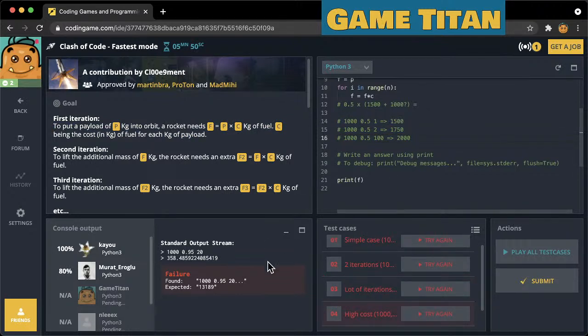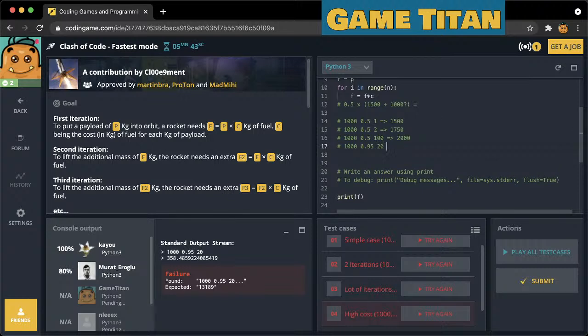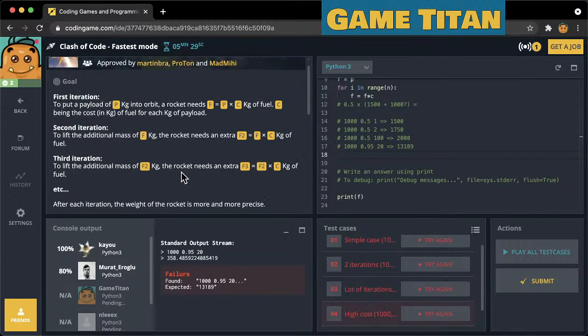I was just hitting play test case. Nine, 5, and 20 leads to 189. So this went up faster in the second. Closest.